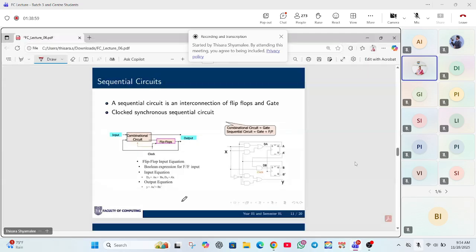Combinational circuits have no memory, but when we add the flip-flop, it has the memory element, and then it becomes a sequential circuit.